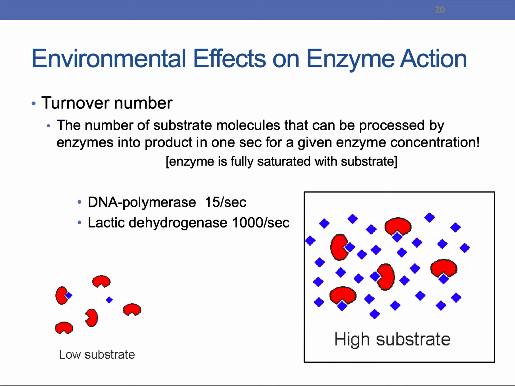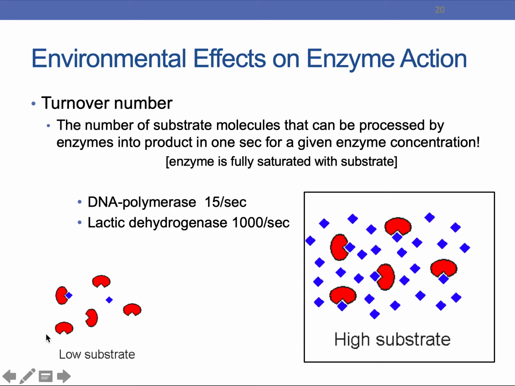If we look at lactic dehydrogenase, which is an enzyme that converts lactate to pyruvate, and it's a reversible reaction, so it goes in both the forward and reverse direction, it will process 1,000 lactate molecules per second, and so the difference is very, very phenomenal.